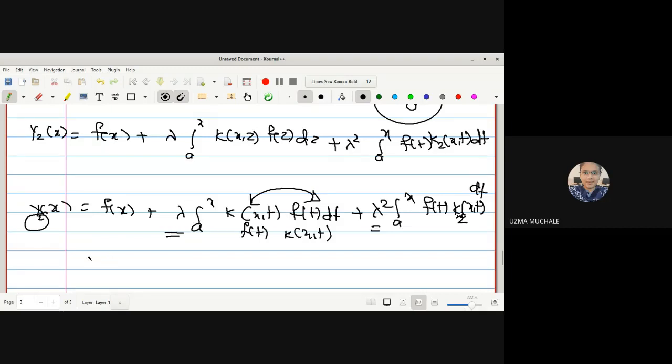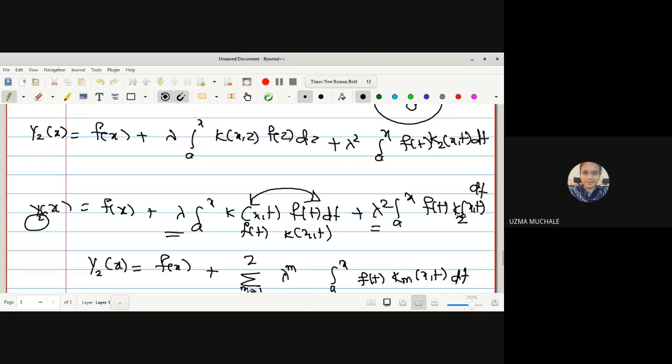So I can write this formula y2 of x is equal to f of x as it is plus summation m runs from 1 to 2, because we have only two values, lambda raised to m integration a to x f of t km of xt dt. Is it correct?